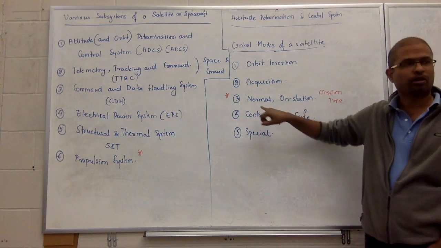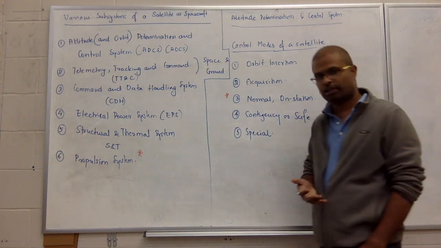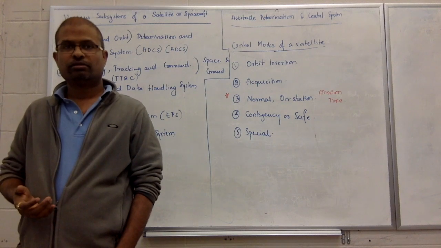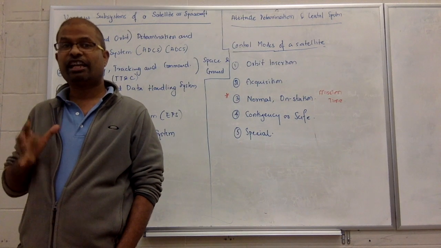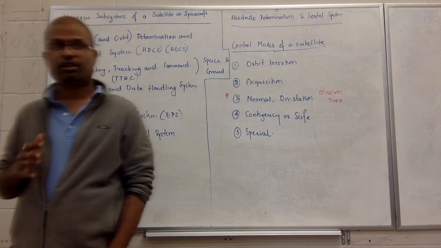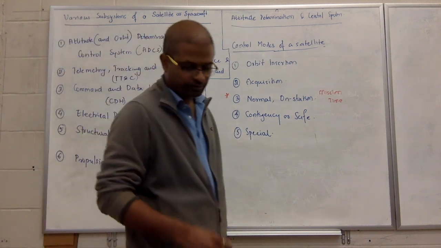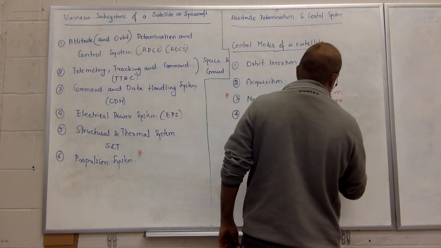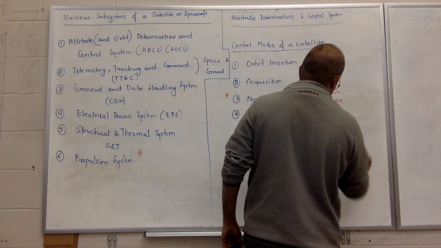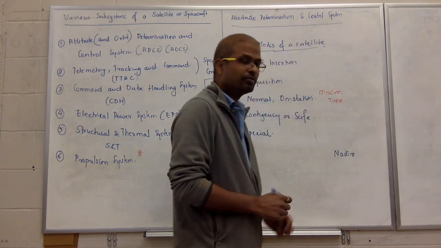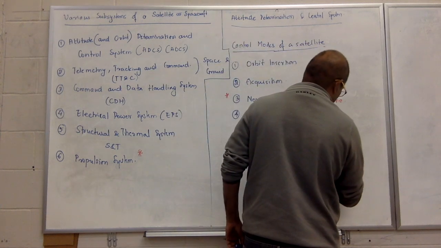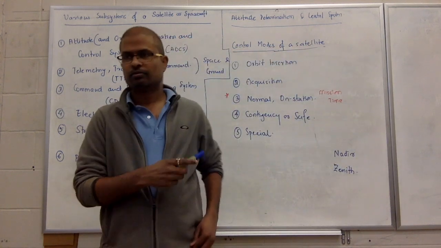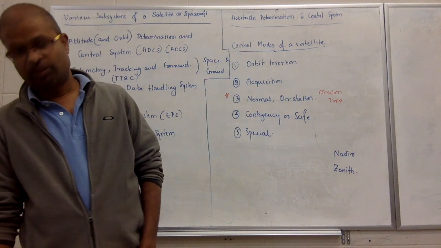If you look at the normal on-station operation, what kind of a satellite is a GPS satellite? I'm going to ask this on the test, okay? It's a nadir pointing satellite. What's a nadir pointing satellite? You have to understand these two terms in the satellite world.